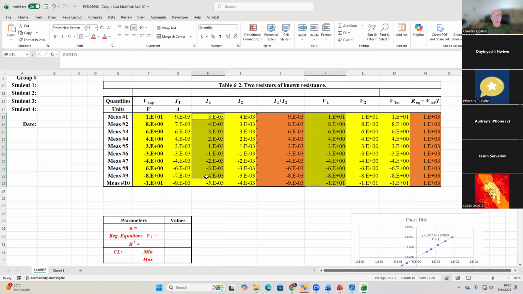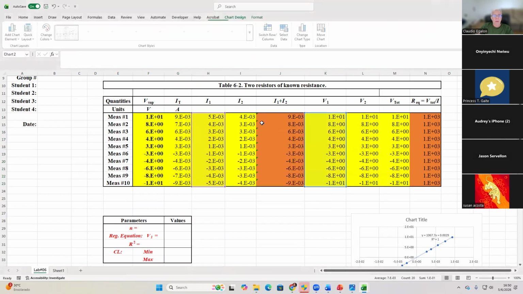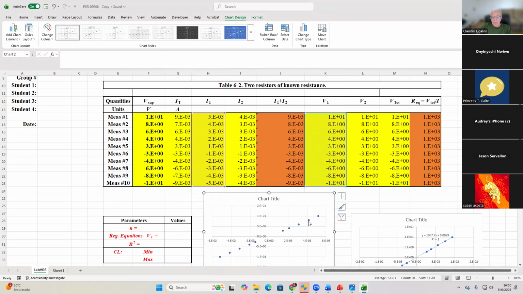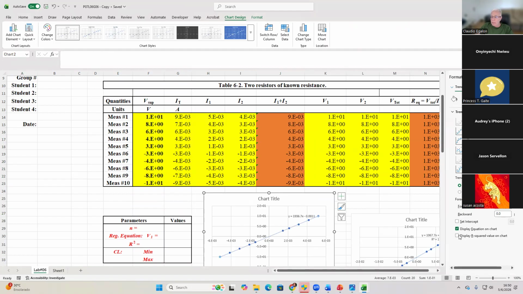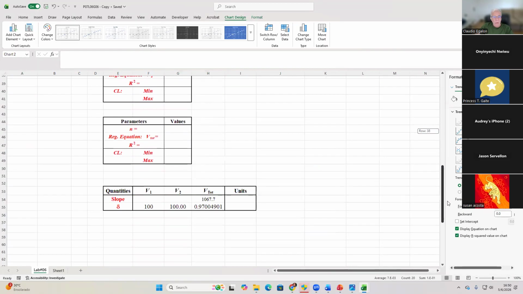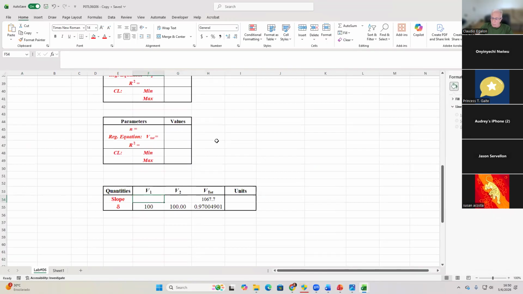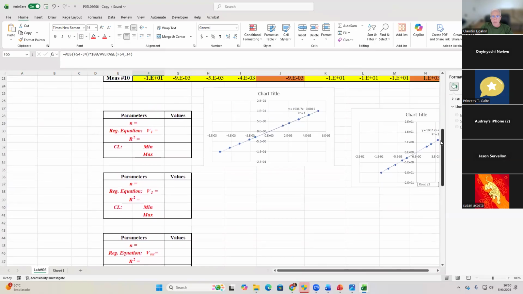V1, I1. Insert chart. Okay, let's see. Trend line, display equation on chart, display R square, 1936. 1936 for V1. Let's see. Yeah, 0.7%. What about V2?